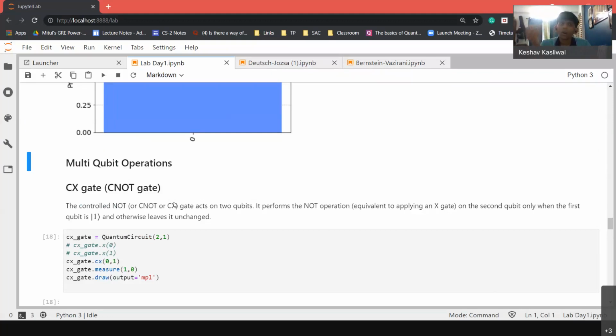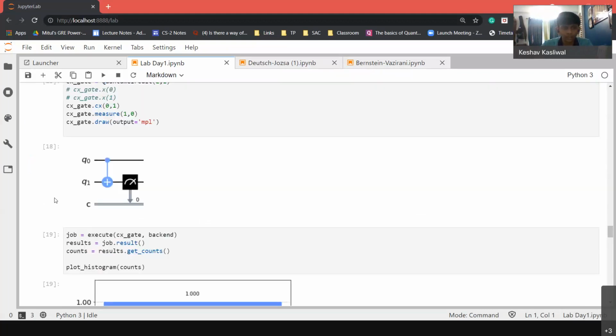I'll first explain the significance of the CX gate. Let's say we have this Q0 over here. The control is this and the target is this. So we'll see this as the control and this as the target.